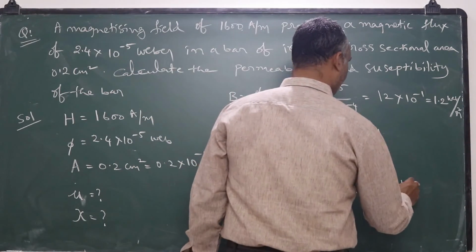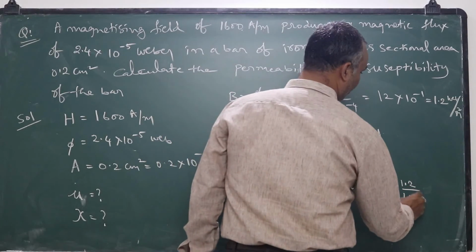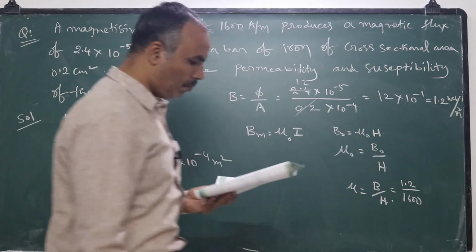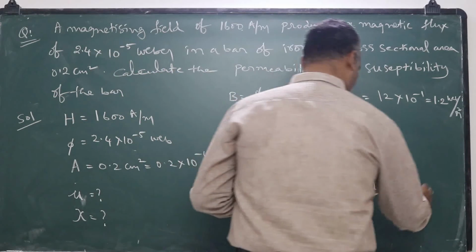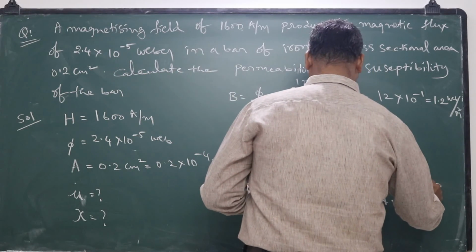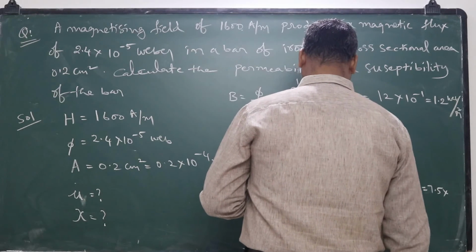B value is 1.2. 1.2 by 1600 means you will get 7.5 into 10 power minus 4.